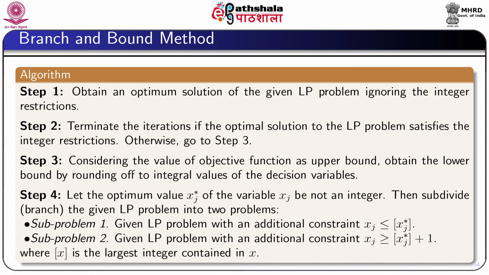In subproblem 1, we consider the given LP problem with an additional constraint xj is less than equal to greatest integer content in xj star. In subproblem 2, we consider the given LP problem with an additional constraint xj greater than equal to the greatest integer content in xj star plus 1.